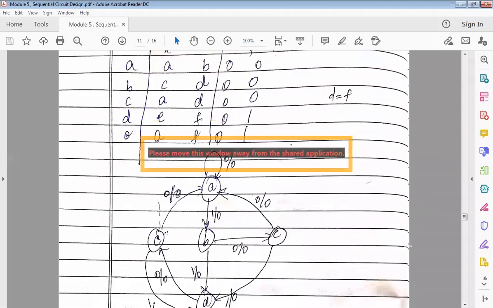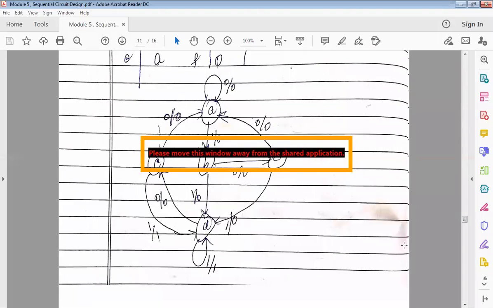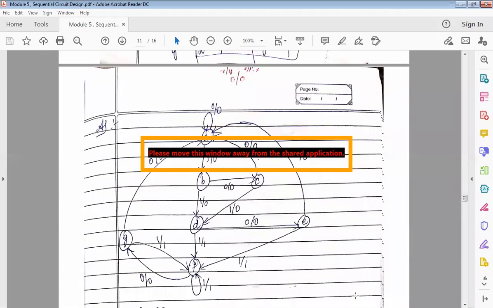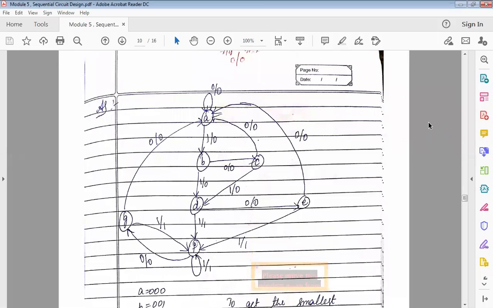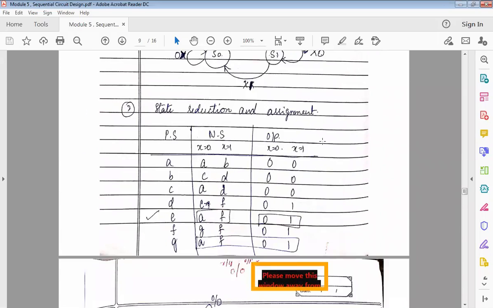So if you compare both of them, this diagram seems to be very simple, right? But compared to your previous diagram, you can see that it was a whole lot more complex than the previous one, right? So what do we try to understand from this problem? We can reduce the graph in a much better way when we apply the techniques of state reduction and assignment.